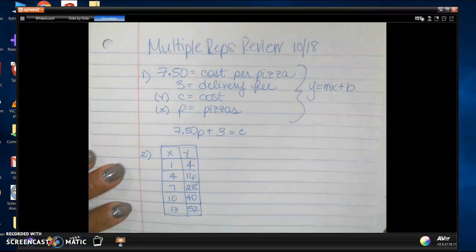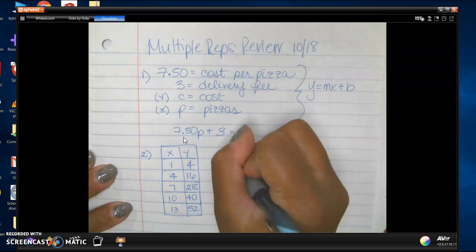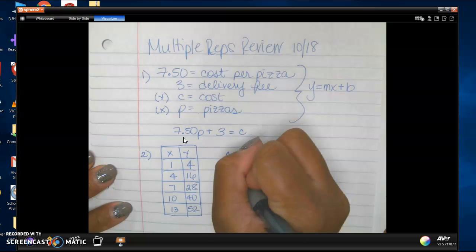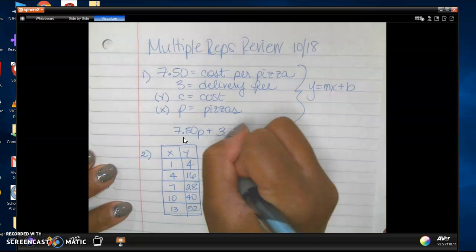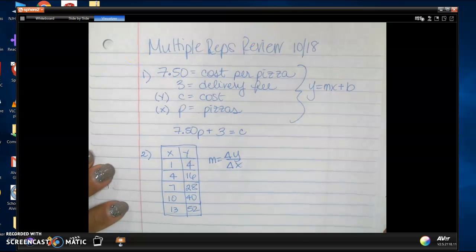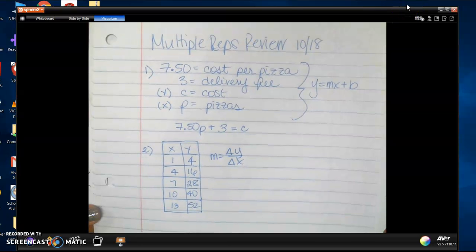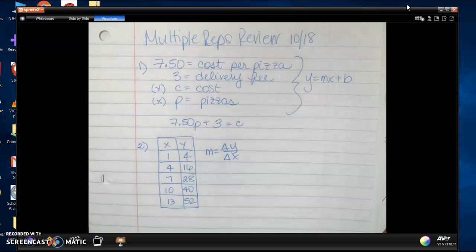All right, so I divide delta Y by delta X. How do I find delta Y? How is Y changing?